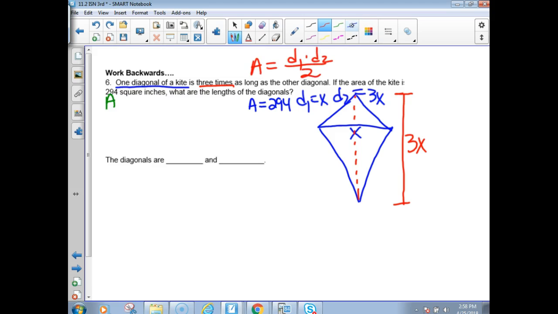Now I'm just going to substitute in what I've got here for every letter. So I'm putting 294 in for A equals diagonal 1, I let be x, times diagonal 2, 3x. The formula says you have to divide that by 2. Okay, so now what I'm asking you is what do you think we should do to get the x part alone?